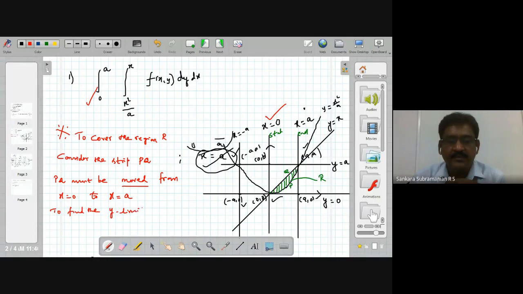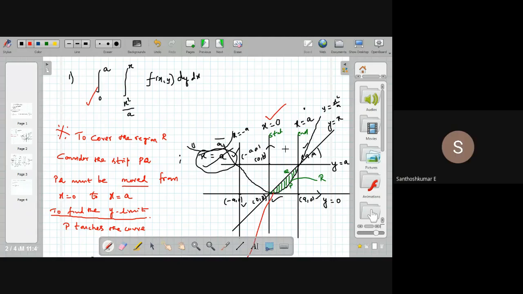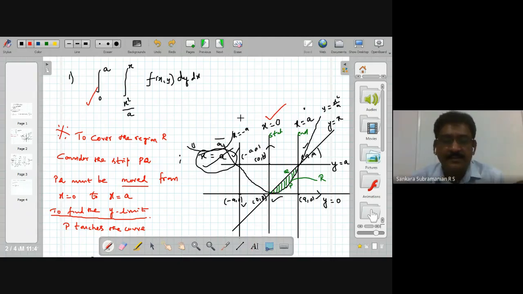we need to say where P and Q touch. P touches the curve; it may be a constant but here it is a curve. Trace and see what P touches: it touches the curve y equal to x squared by a.